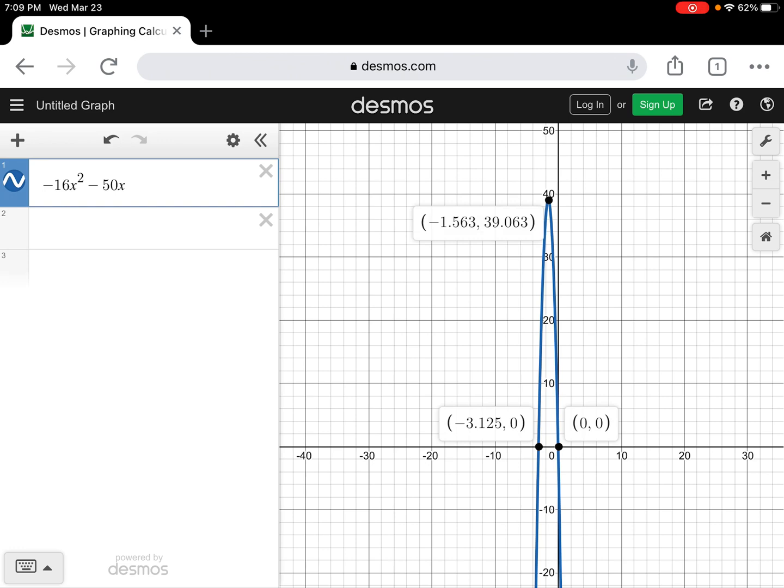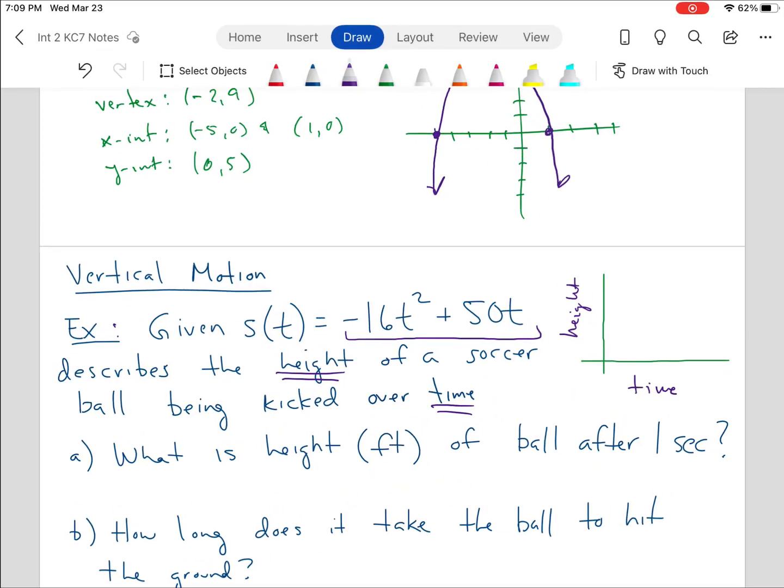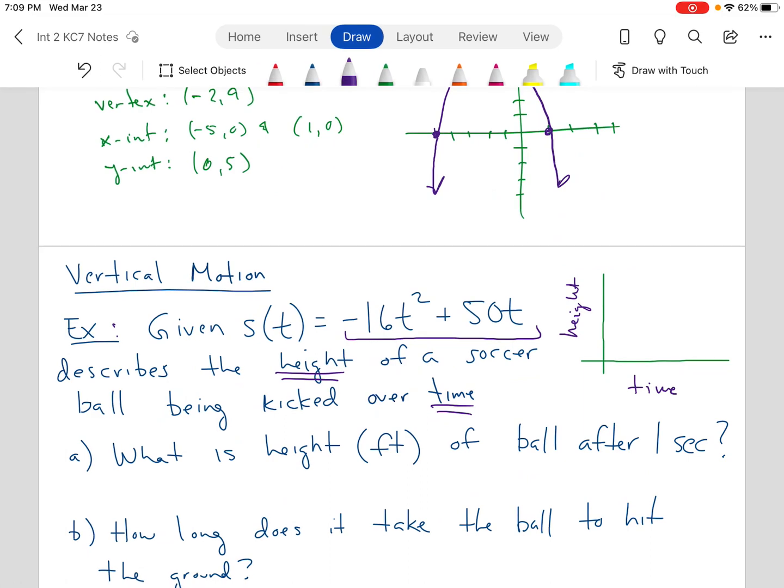Okay, you can look at this, and I am actually going to sketch it really quick. Okay, so it looks like this. Now I only care about, because we are talking about the height of a ball, this will technically go down forever in both directions. However, you're talking about a soccer ball.